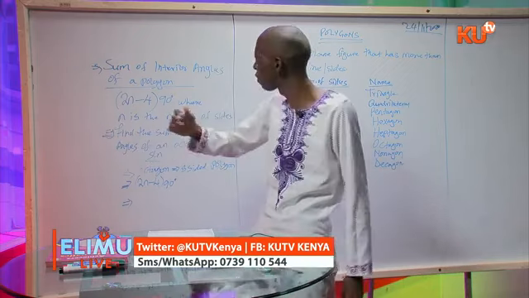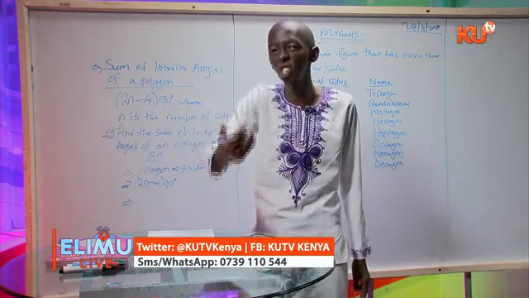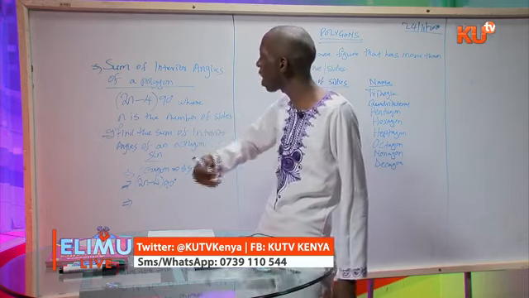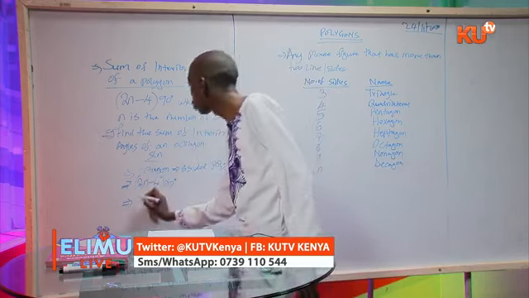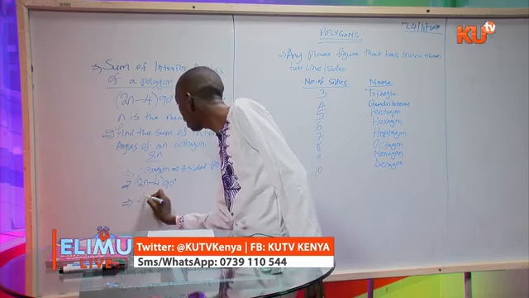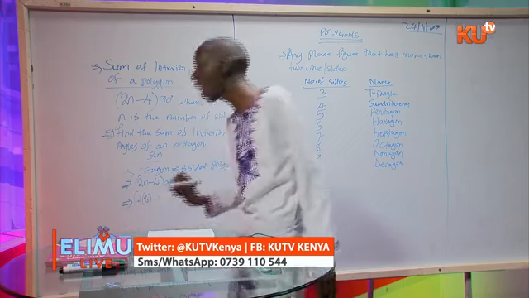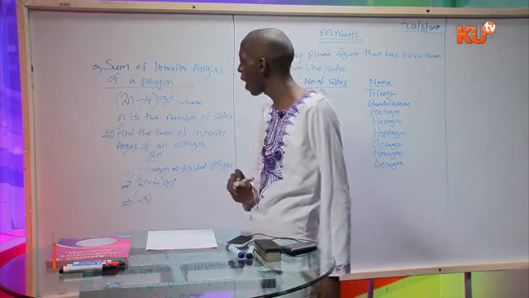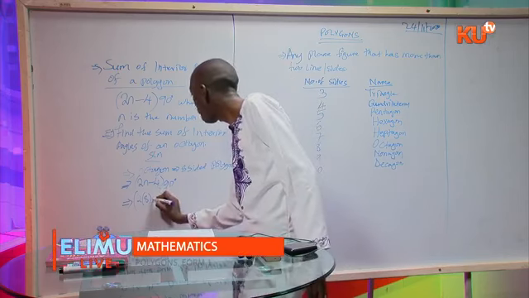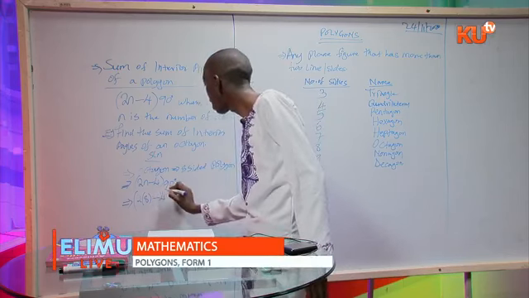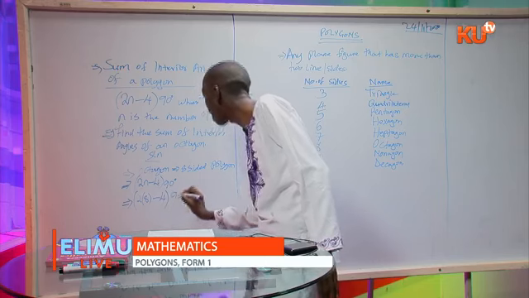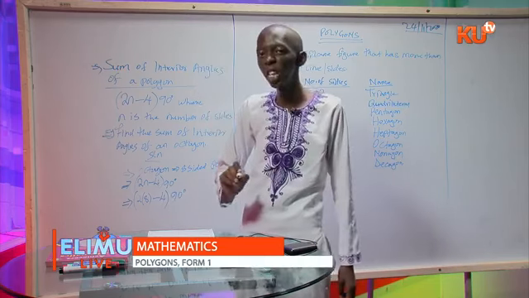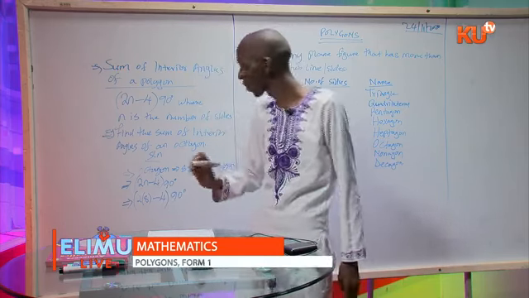To get the sum of the interior angles of an octagon, we have (2 multiplied by 8, which is our n, minus 4), close the brackets, everything multiplied by 90 degrees.